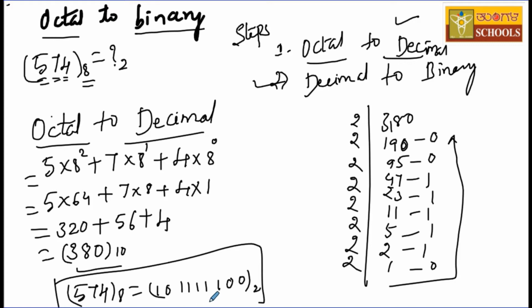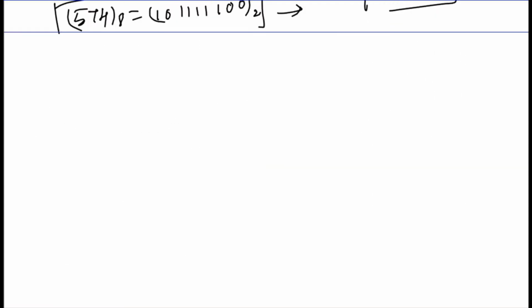If you have any confusion, take this number 1011111100 and convert it into its equivalent octal number. Already we discussed the conversion of binary to octal, right? You take this number, convert and check. The number here is 1011111100.